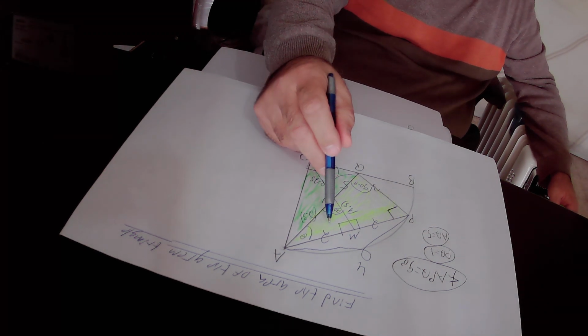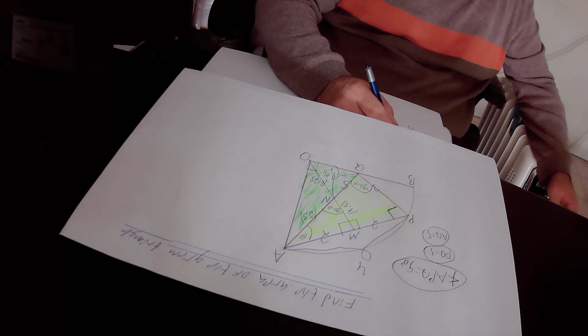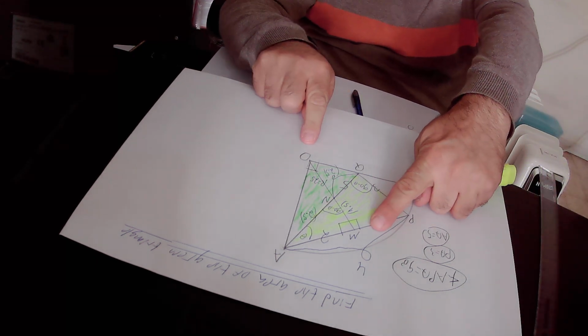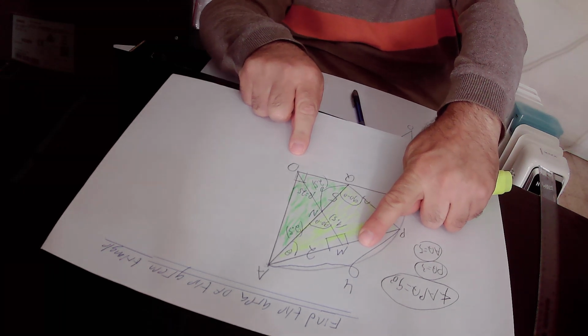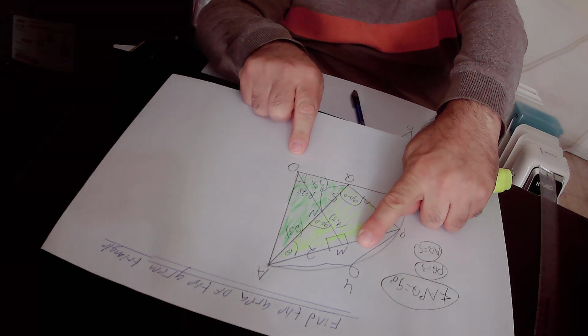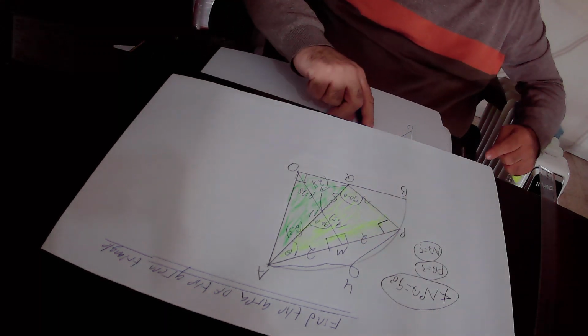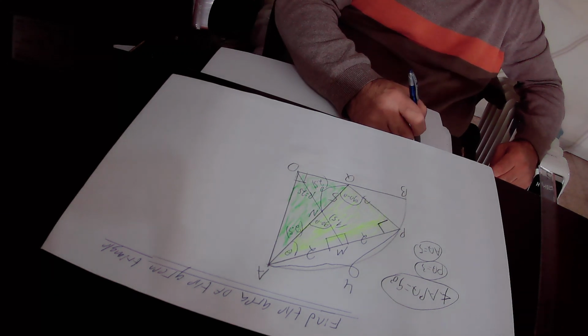Side MA equals 2 units. What is the length of side MO? From the drawing it is very easy to see that MO equals MN plus NO. MN equals 1.5, NO equals 2.5. Therefore, MO equals 1.5 plus 2.5, that is 4 units.